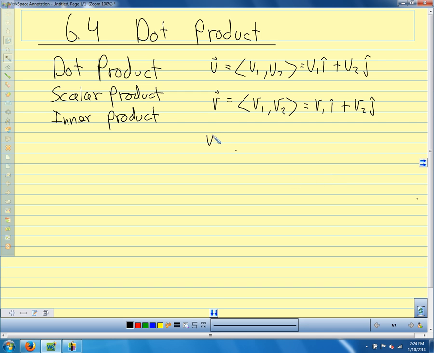We write u dot v equals, nice and easy to find the dot product, u1 times v1 plus u2 times v2. Multiply the x components, multiply the y components, add them together.